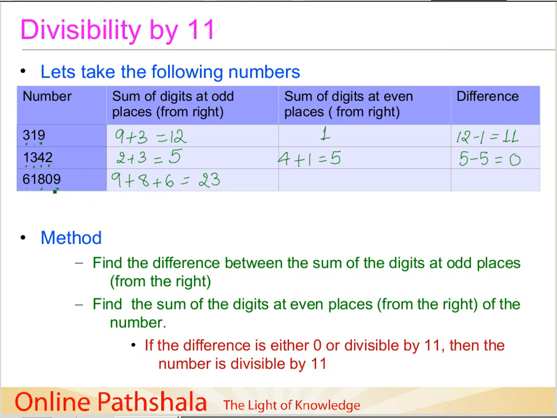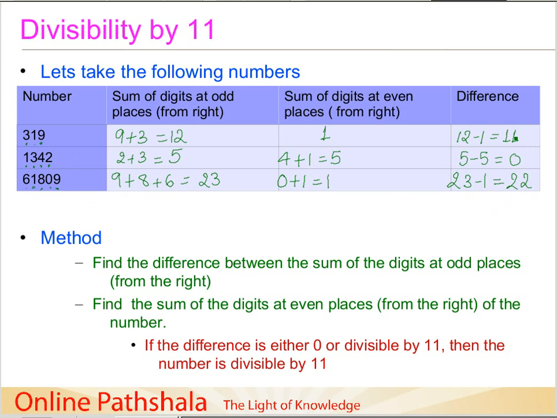Then we add the digits at the even places, that is 0 and 1, so 0 plus 1 equals 1. Then we take the difference of these, 23 minus 1 equals 22.